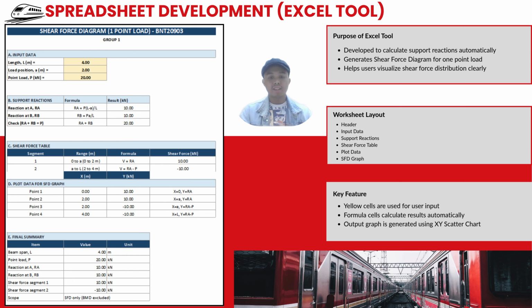The purpose of this layout is to make the tool simple and user friendly. The yellow cells are used for the user input, while the formula cells calculate the result automatically. The final output graph is generated using an XY scatter chart.